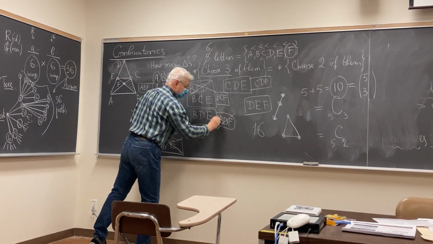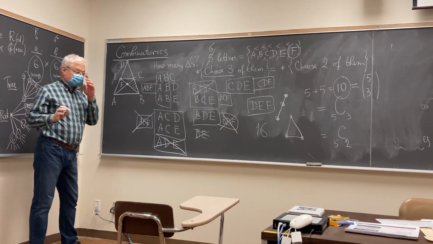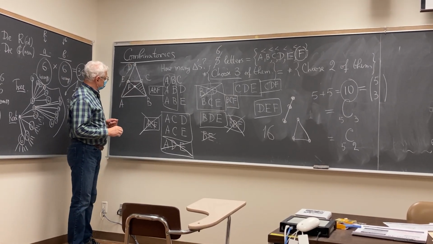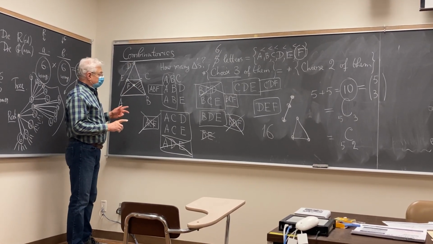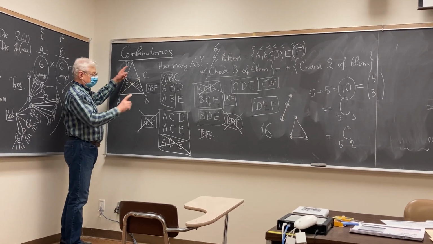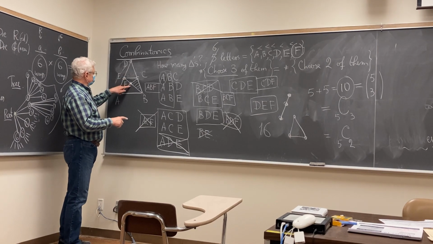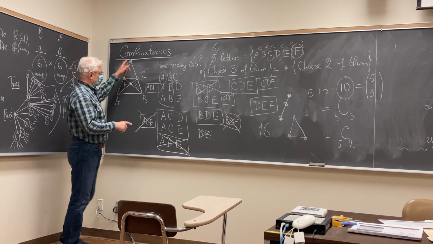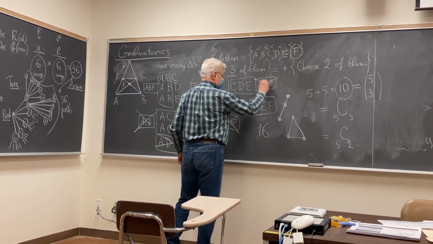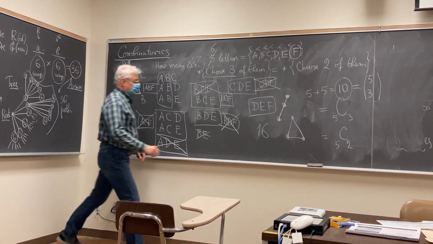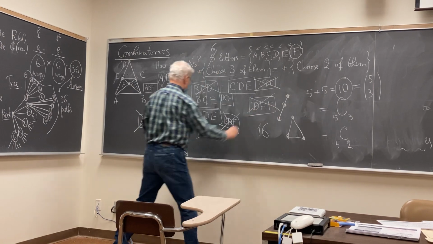So BDF must be removed as well, for a different reason, because there is no segment connecting B and F. Now CDE is okay. CDF also is not a triangle, because the segments don't connect, and DEF also must be removed.